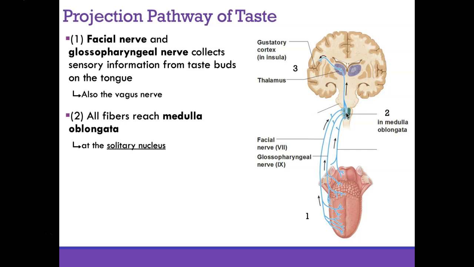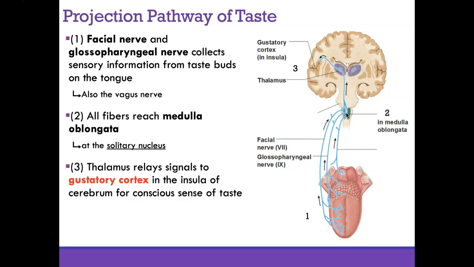And this is where second order neurons project to the thalamus. So this is the second order neuron, going from the solitary nucleus in the medulla to the thalamus. And from the thalamus, it's going to relay the signal to the gustatory cortex of the insula.